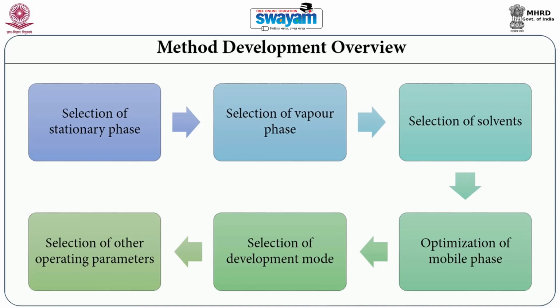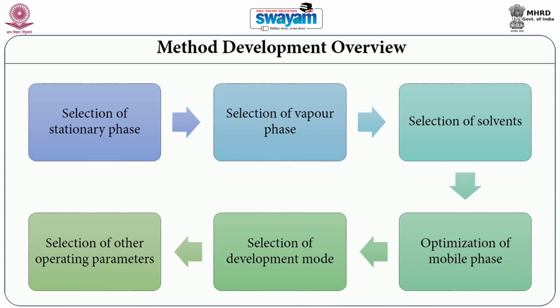And then there is the selection of other operating parameters, especially if this is functioning in a high performance mode, so other operating parameters for, say, an automated setup may come into play. Now, one of the algorithms that has been used for many decades now is called PRISMA.